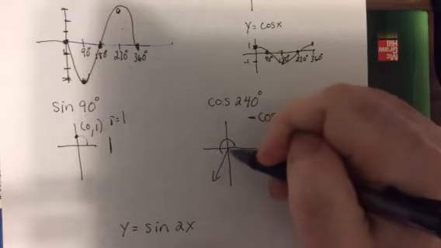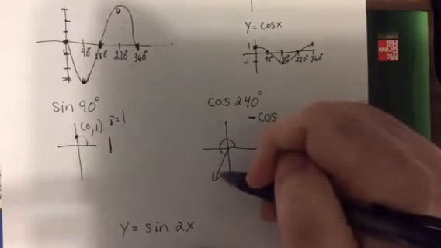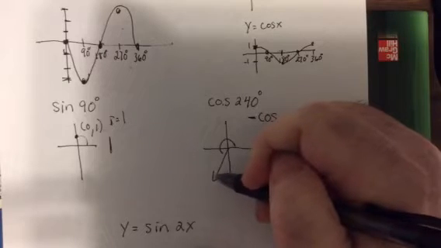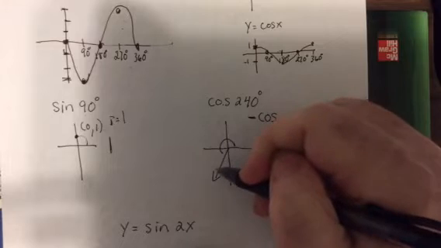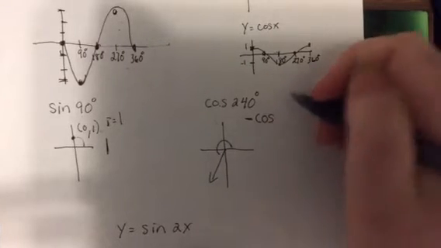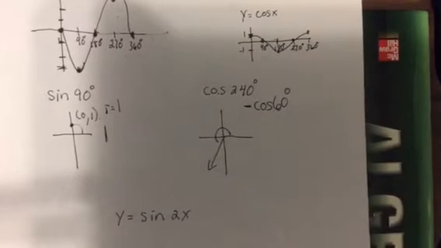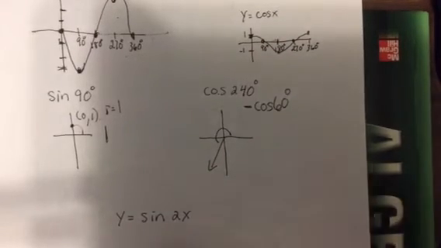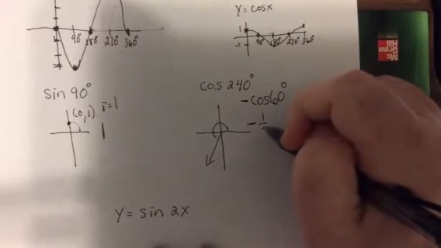I don't know why people want to use the y. It's never the y. And I had 4 people do that on the test, very common, but it's always the closest x. So if this is 180 and this is 240, how many degrees here? That would be 60. So that seemed to be the only one people made a dumb mistake with. And if you look in your chart, cosine of 60 is a half.